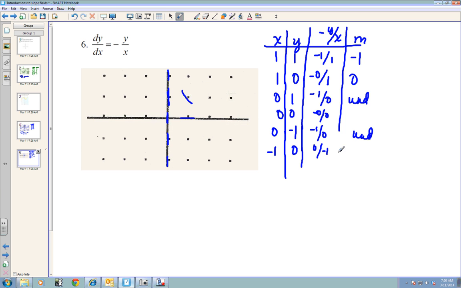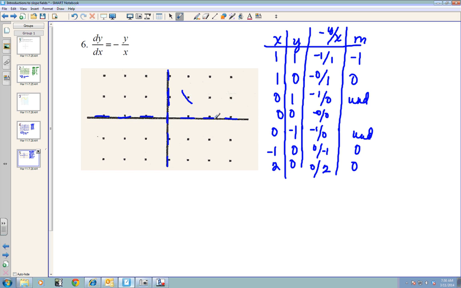So I have 0 over negative 1, that's 0. So at the point negative 1, 0. Okay, and do you see that all of these will be 0? Like the point 2, 0, since I have 0 over that.